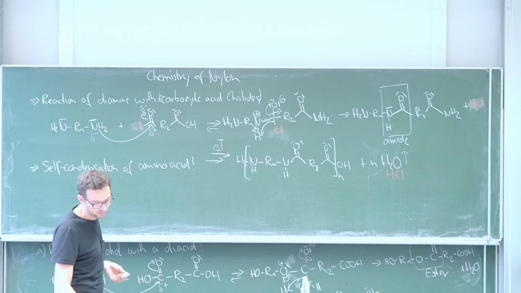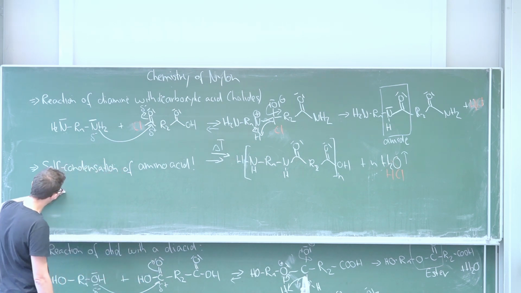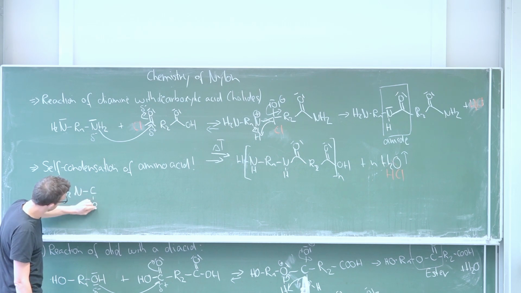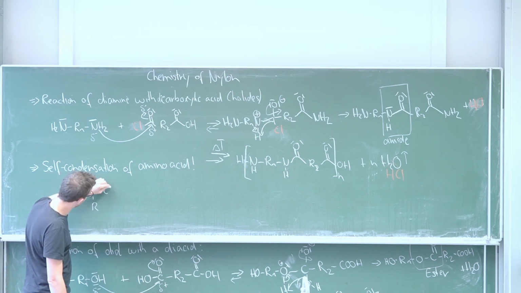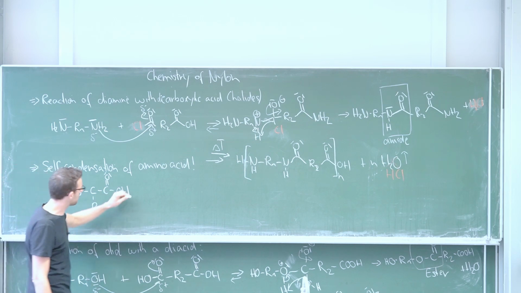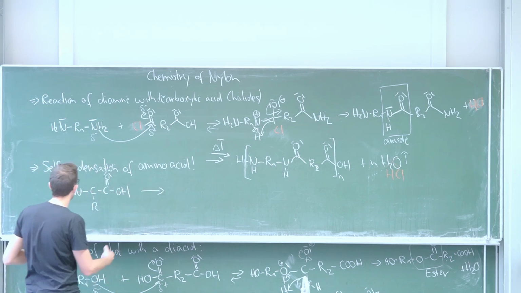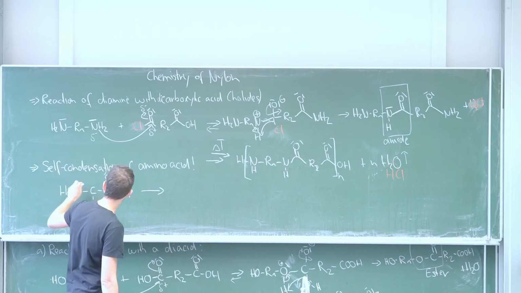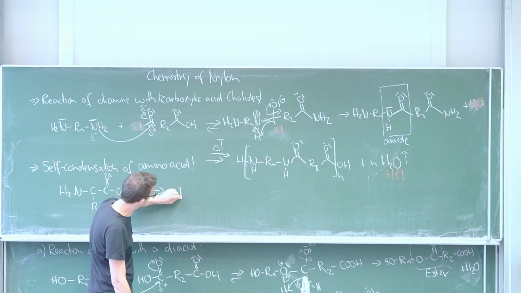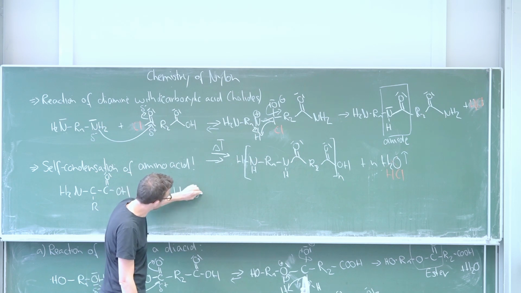How this will look is very clear. We have H2N, and now this amine can directly attack here or on a different molecule. That means we create this bond here, and at the end of the day we create a polymer that looks like this.